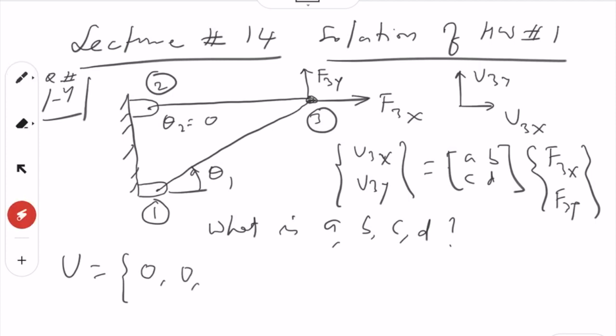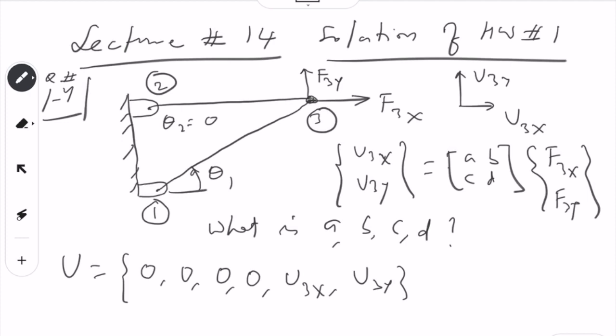Similarly for node 2, both are 0, so we have 0 and 0. And this one we don't know, but we are calling it u3x, u3y, so we write comma u3x comma u3y. Okay, so this is what u is.